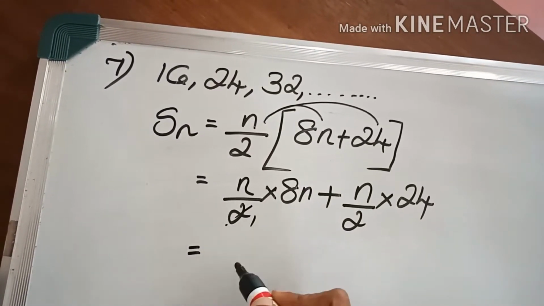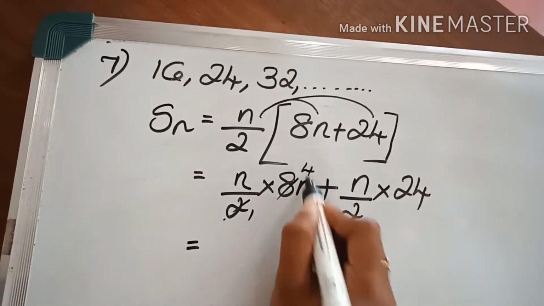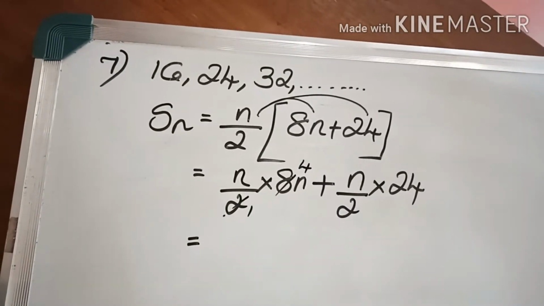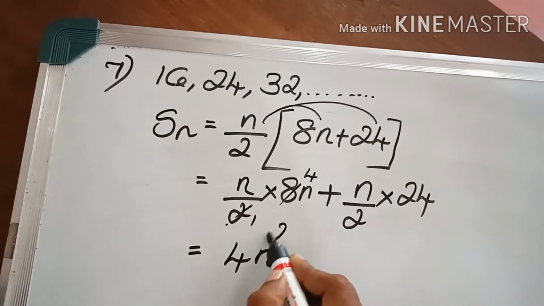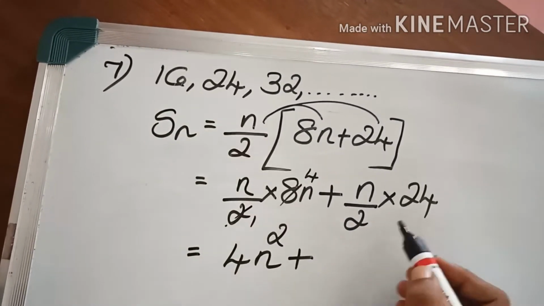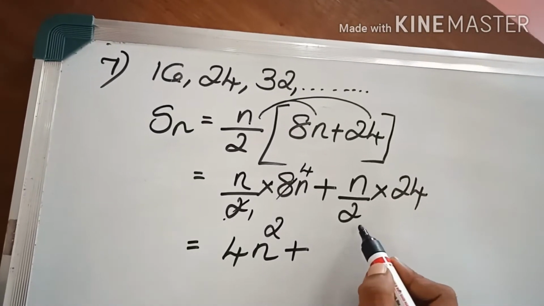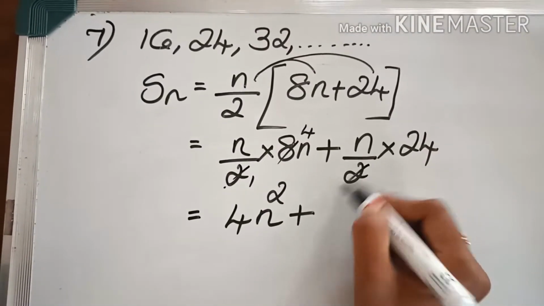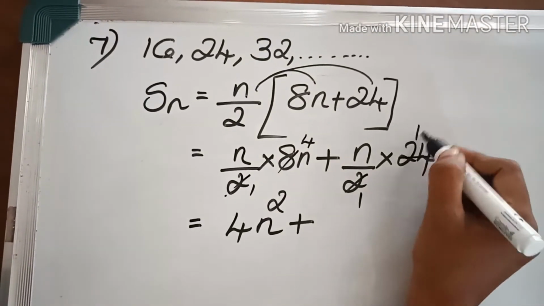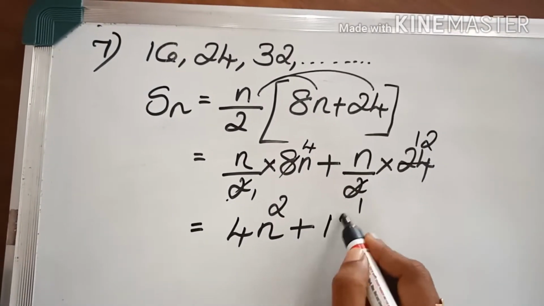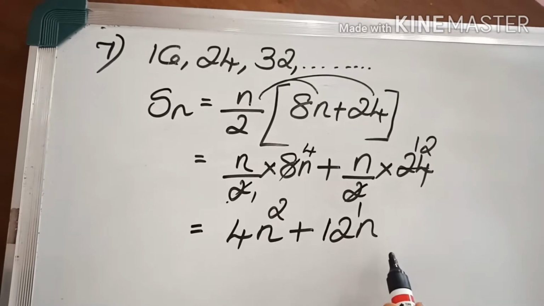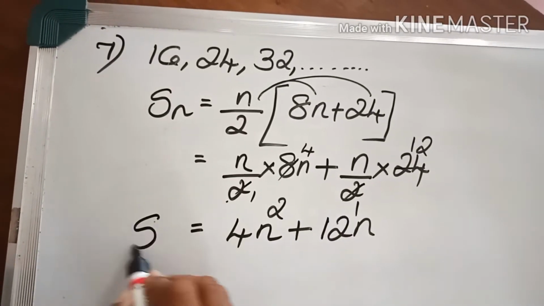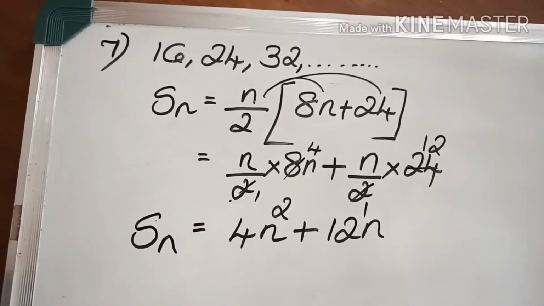In 2 only 1, in 8, 4. So 4n into n, and n into n is n square. So 4n square plus, here 24 and 2 are both multiples of 2, so 12, and the answer is 12n. So 4n square plus 12n. This is the answer we got as Sn, sum of n terms.